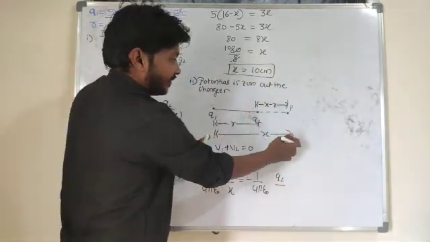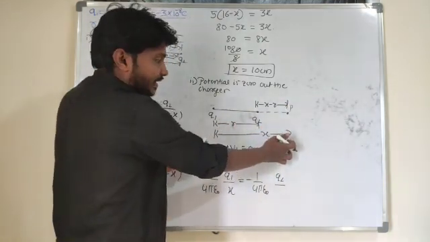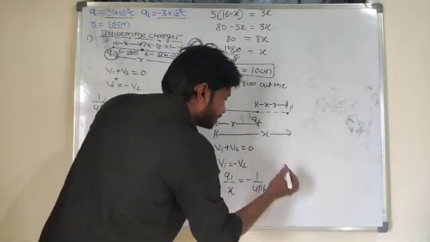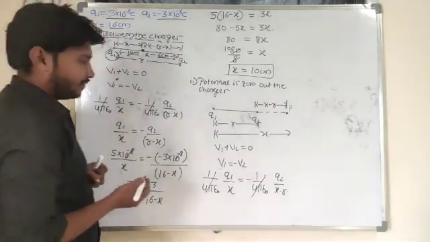Here x is greater than r, so I will take x minus r. The 1 by 4 pi epsilon naught term will cancel out.